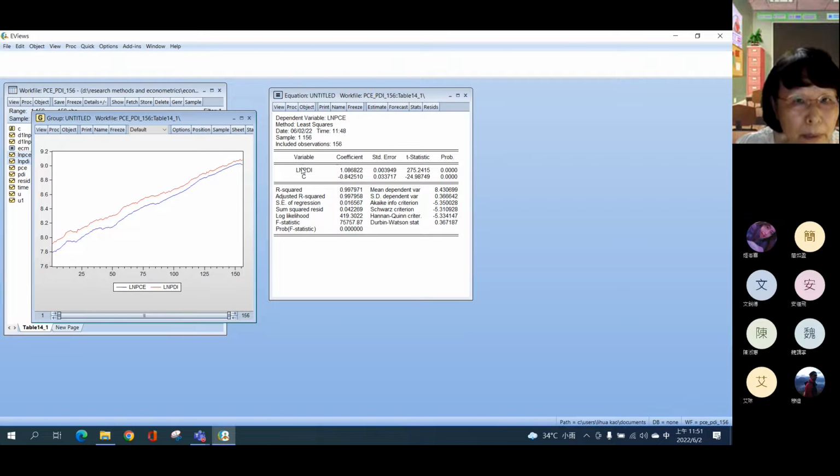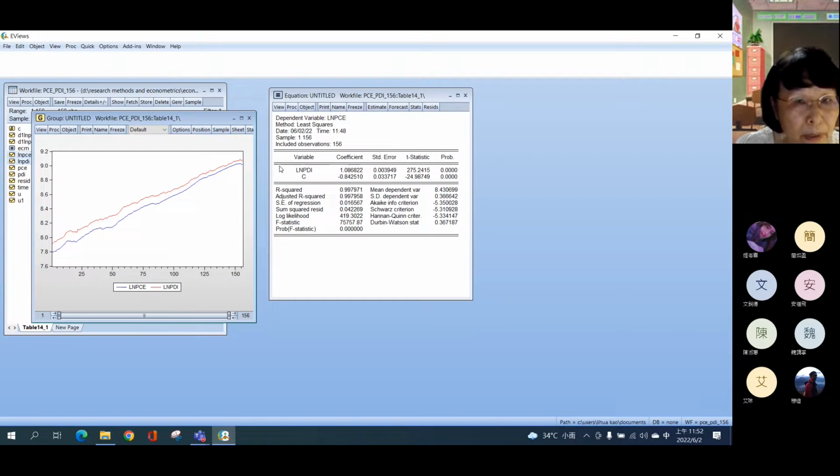Since we take a log, this coefficient means elasticity. A 1% increase in PDI will turn out to be a 1.0868% increase in consumption, and it is greater than 1.